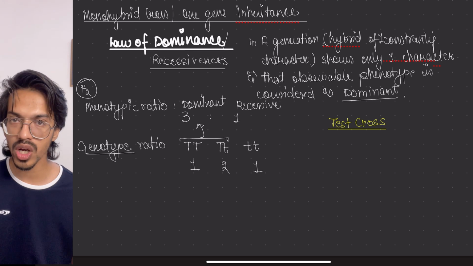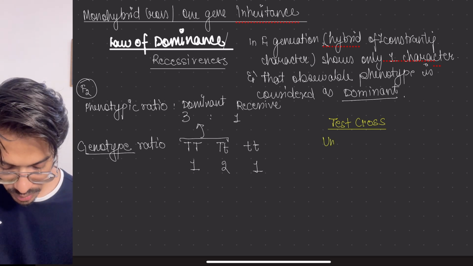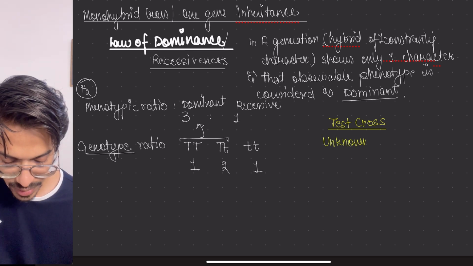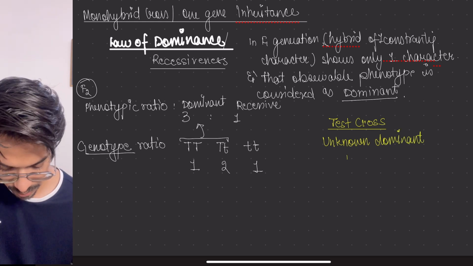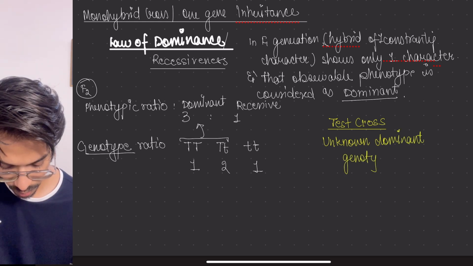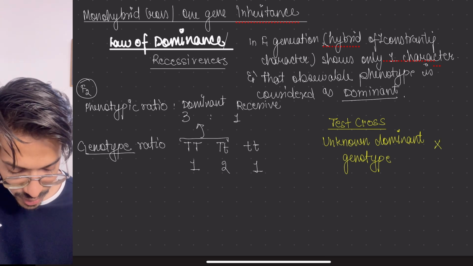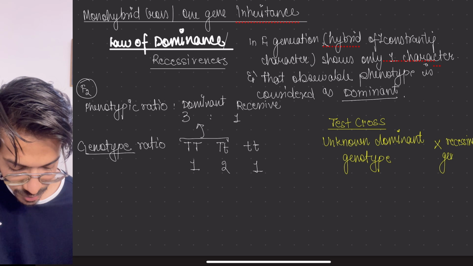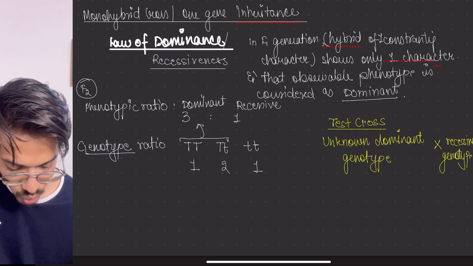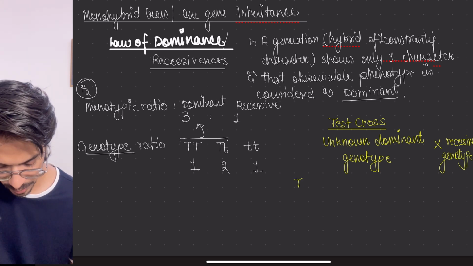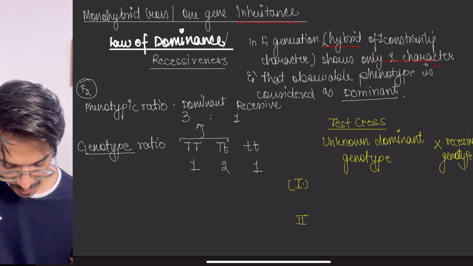So in test cross, an unknown dominant genotype is present, and we will cross it with the recessive genotype. Now there are two options that are possible. First case, second case.